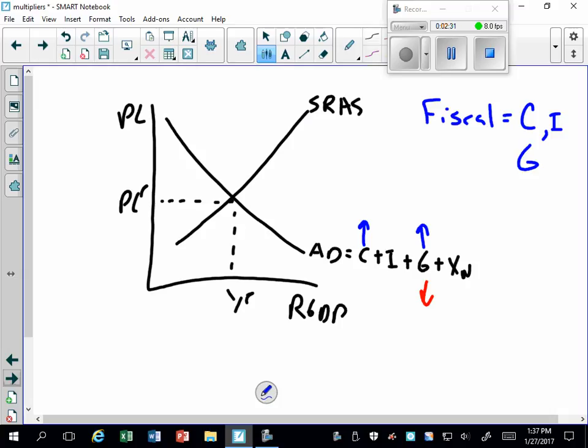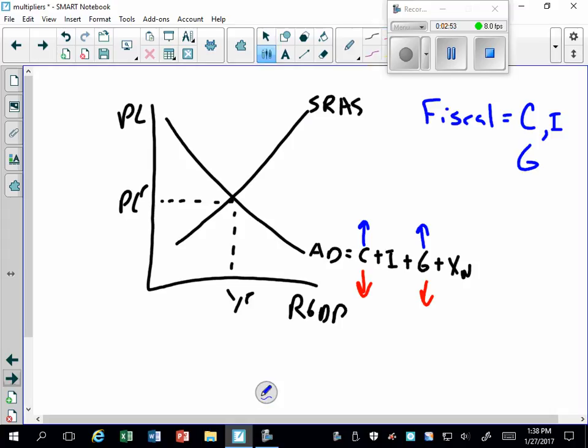So if you cut taxes and increase transfers, that increases C, gives people more disposable income. If you raise taxes and lower transfers, that would lower C. Now the other thing you can get into is business taxes, and that would influence I, but mainly C and G tend to be the vehicles that aggregate demand is going to move.